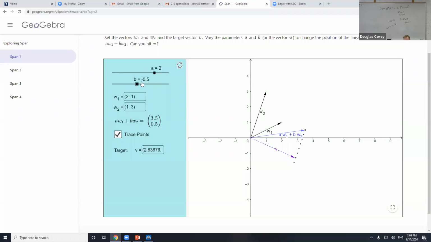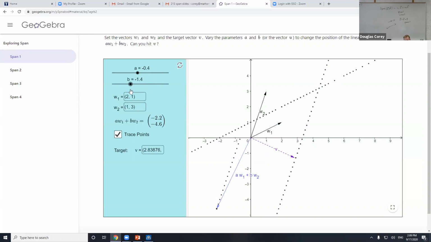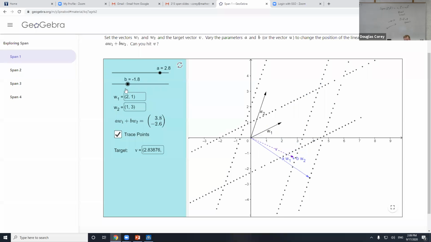One way to convince yourself why this is possible is, as I move these values, one and another, notice I can start getting a grid here. And the grid lines are parallel to the vectors.